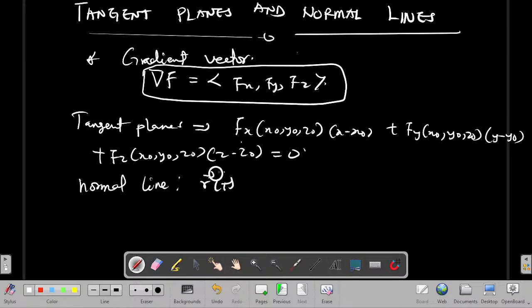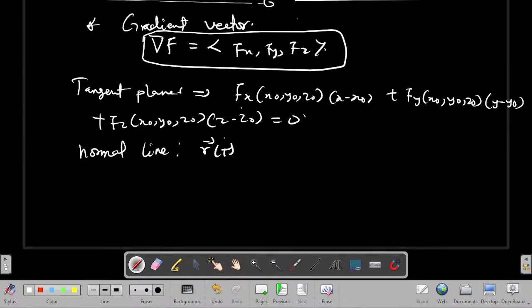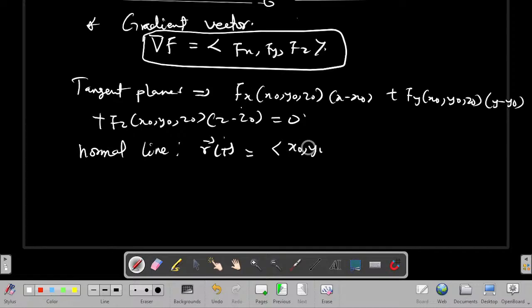So this one is, you remember parametric equations, right? So vector equation of a line is going to be given by the vector x naught, y naught, z naught plus t multiplying what? The gradient vector of x naught, y naught, z naught. I hope you get this.